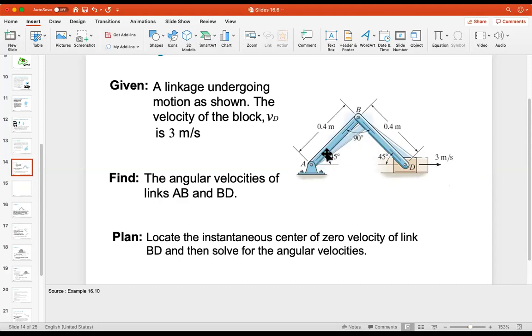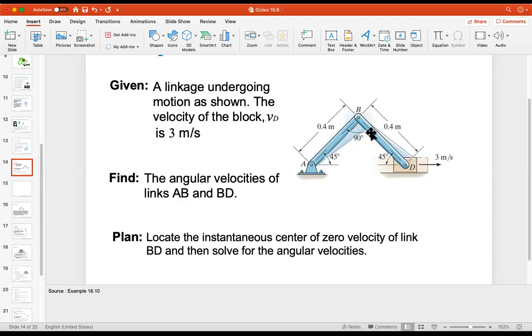This hinge is going to flatten out. The two lengths of the rods are the same, and what they want us to do is to find the angular velocity of both links, both rods.